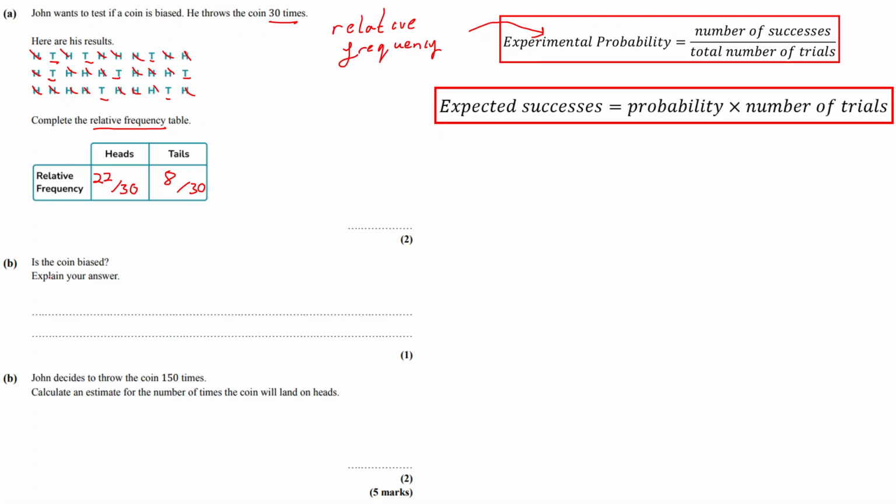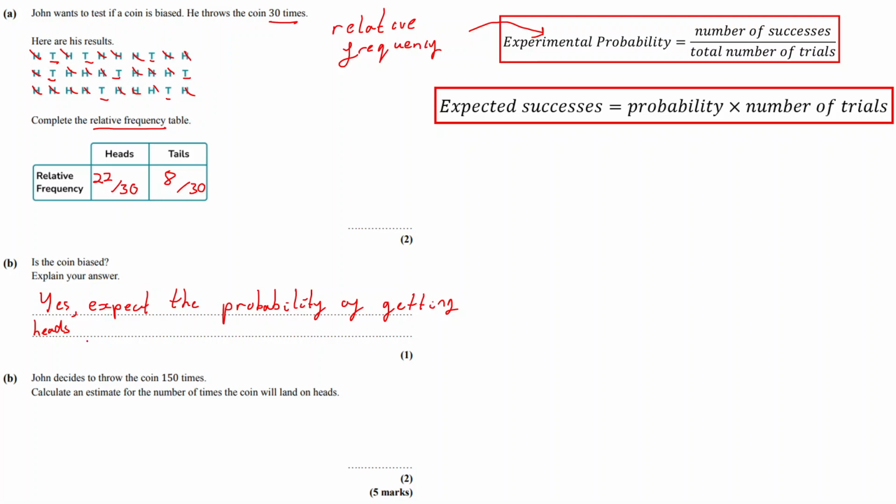Is the coin biased? I would say yes, because we would expect the probability of getting heads to be a half, which using out of 30 is going to be 15 out of 30.